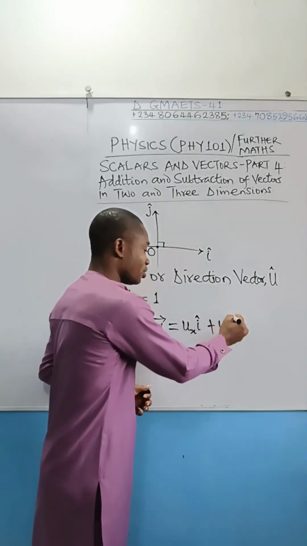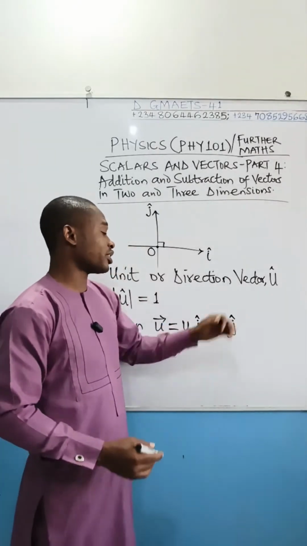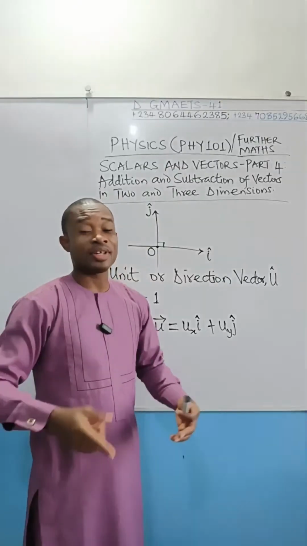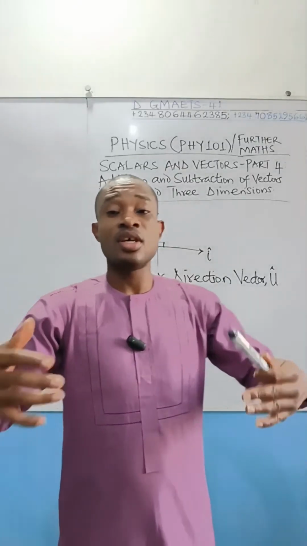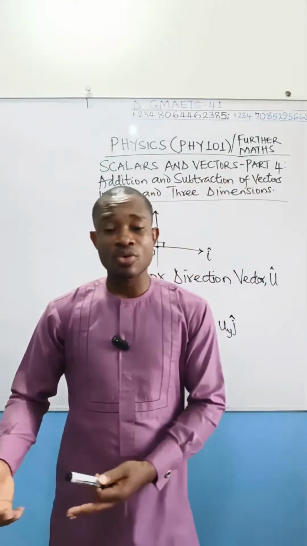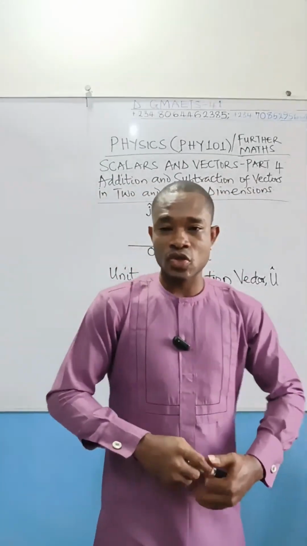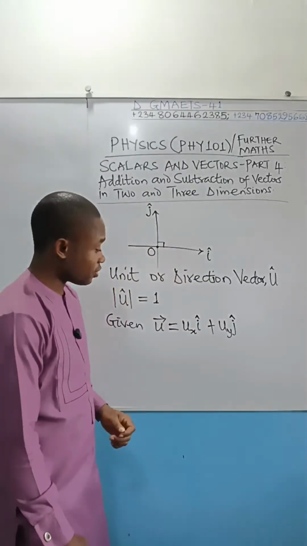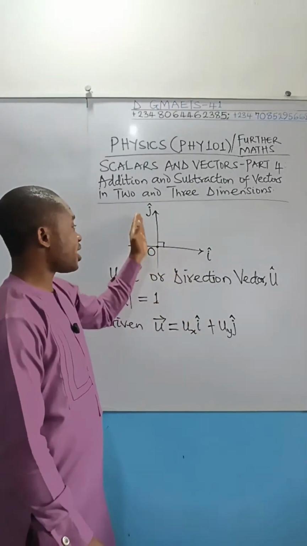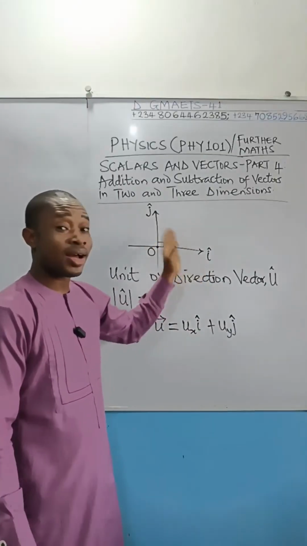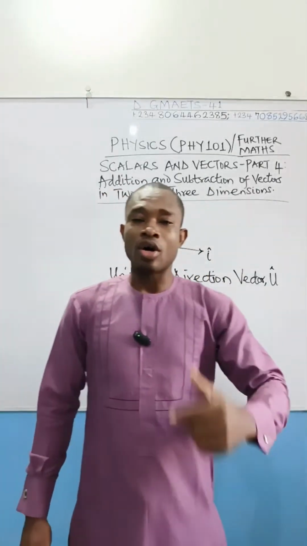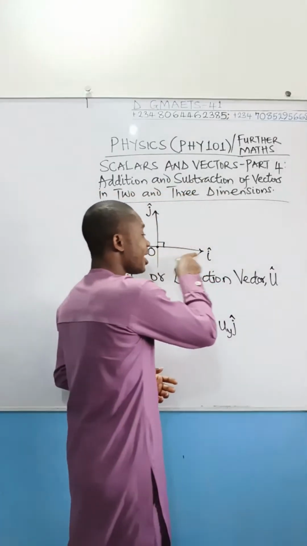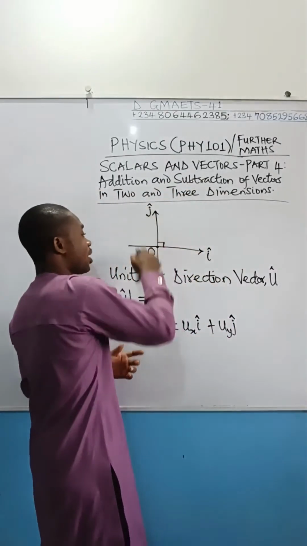And remember I told you that we use this symbol to represent unit vector. I may not be consistent with using it always anyway, but if you are sitting for an exam and it is a theory question, please try to be consistent using it. That cap symbol represents unit vector. And I told you from the beginning that this i and j you are seeing, they are actually called unit vector or direction vector. They indicate the direction of the vector along the x-axis and along the y-axis.